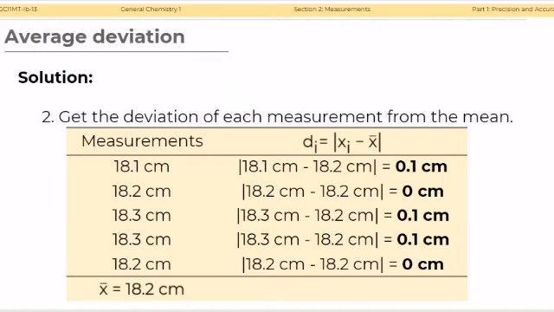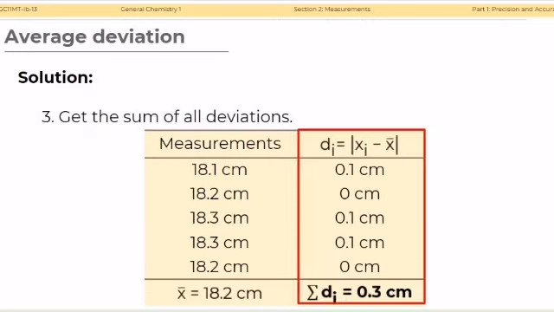So you have 18.1 minus 18.2, where 18.2 is constant because that is your mean. The results are 0.1 centimeter, 0 centimeter, 0.1 centimeter, 0.1 centimeter, and 0 centimeter.